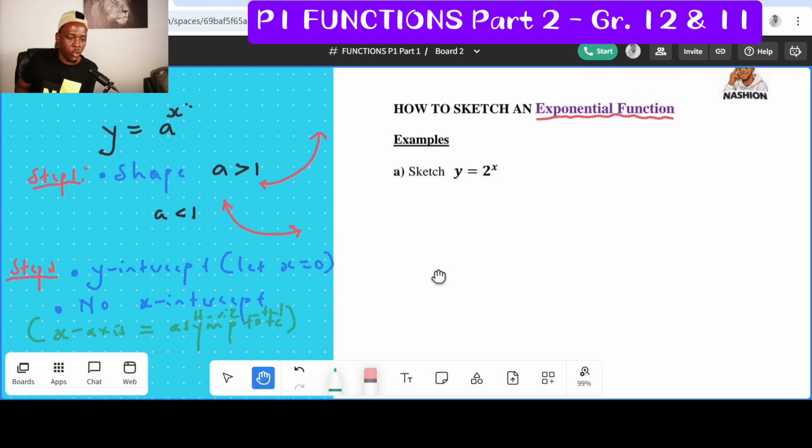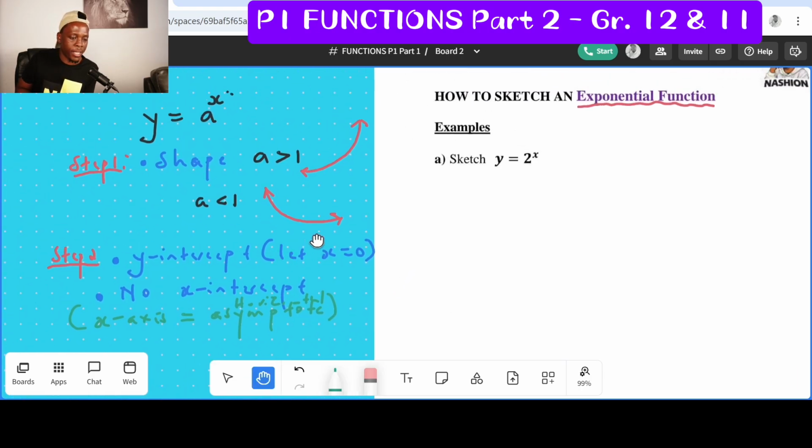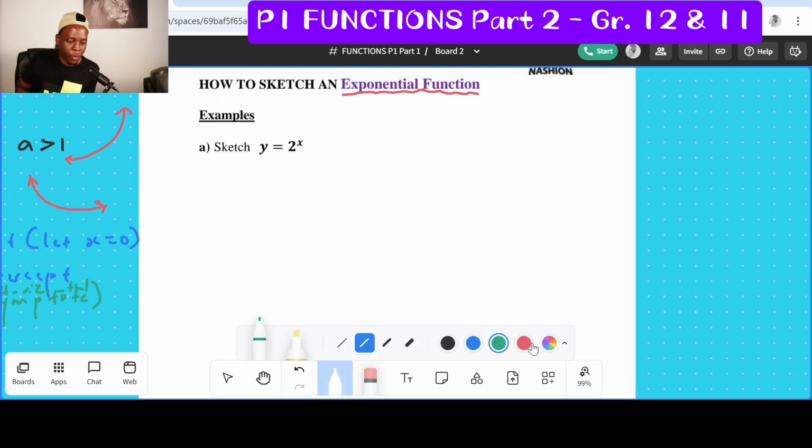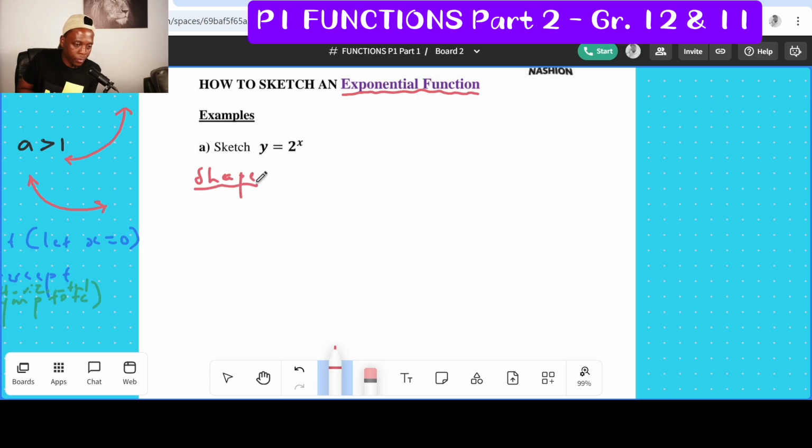Okay, now let's look at this example. You see the steps are easy: the shape, then the y-intercept. So this example here is y is equal to 2 to the power x. Let's predict the shape. In the place of a, we have 2.